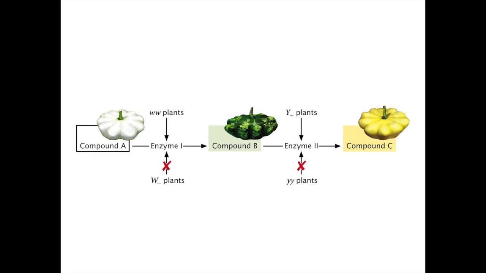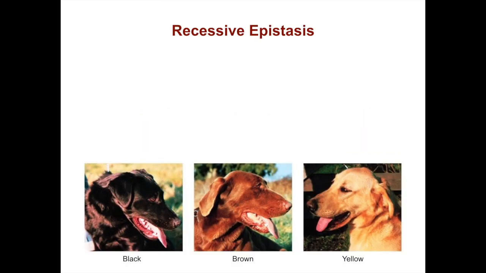So therefore, you can't convert compound B into compound C, and you can't make a yellow squash. So the position of the white gene in this enzymatic pathway causes it to be the dominant player in color determination in squash. What about recessive epistasis?